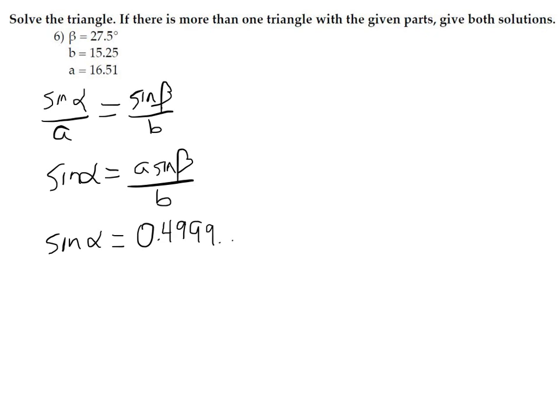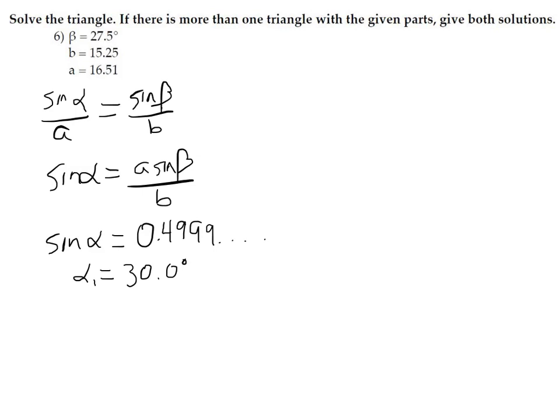But this goes on forever. Taking arc sine of this answer gives us 29.99 degrees, which we'll round to 30.0 degrees. All right, now that's alpha 1.